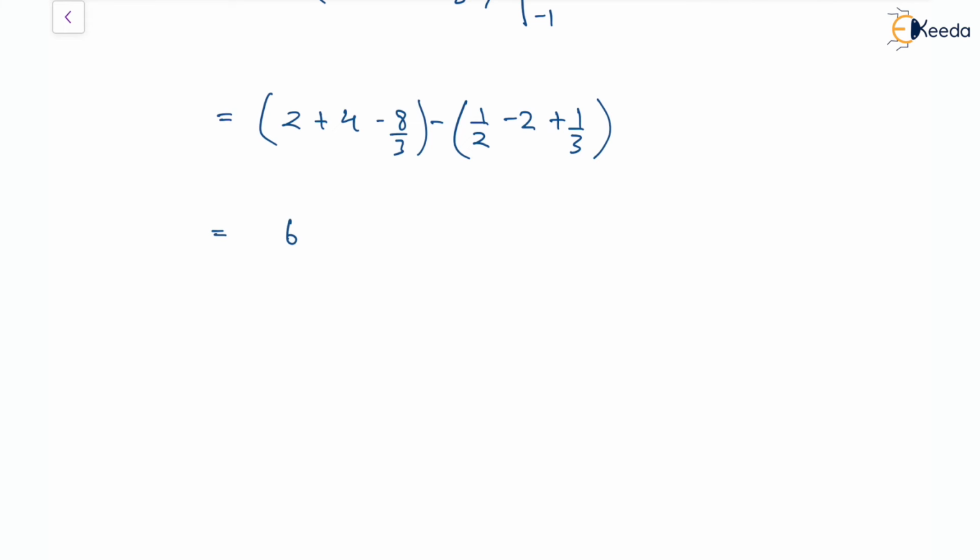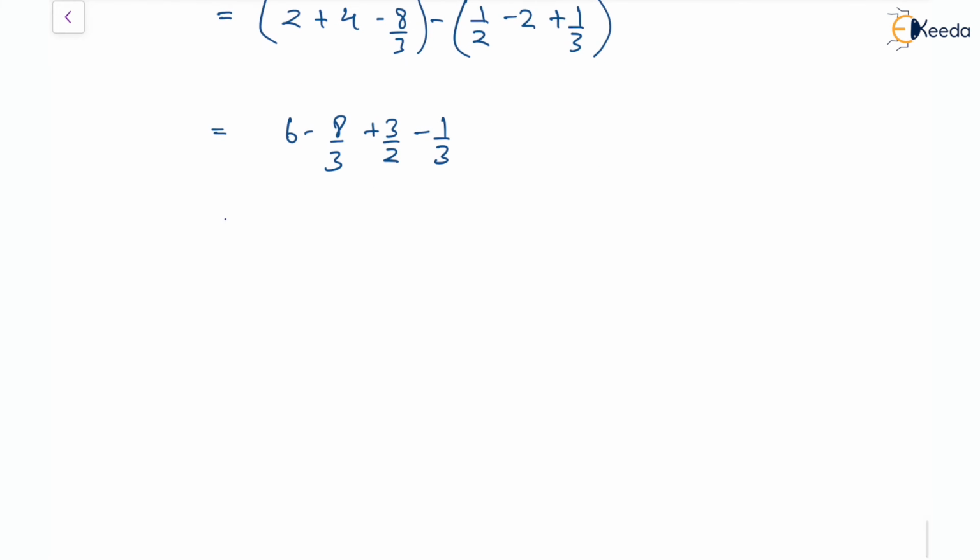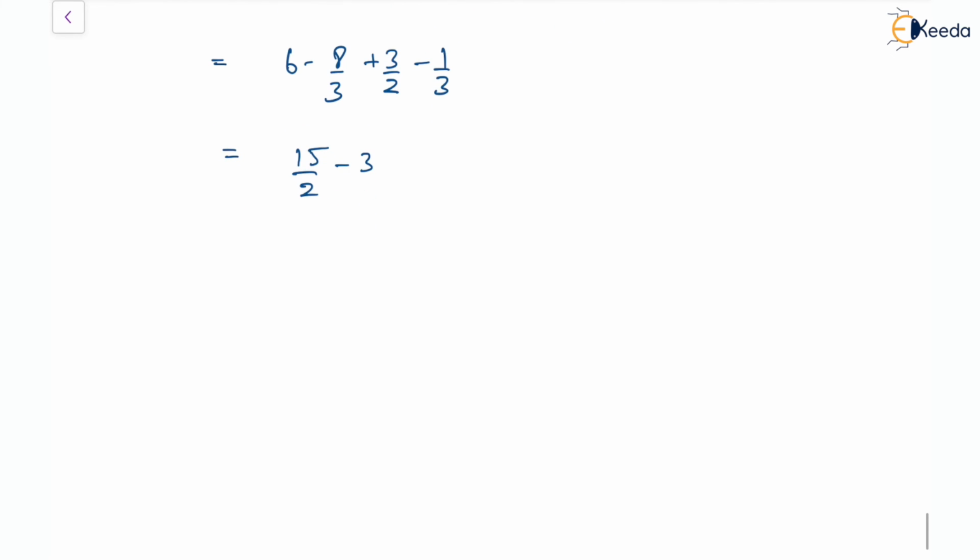So this is 6 minus 8 by 3, minus 3 by 2, so plus 3 by 2 and minus 1 by 3. So 6 plus 3 by 2 will be 15 by 2 minus, so 8 by 3 and 1 by 3 will become minus 3. So 6, and that is 9 by 2, just 4.5.